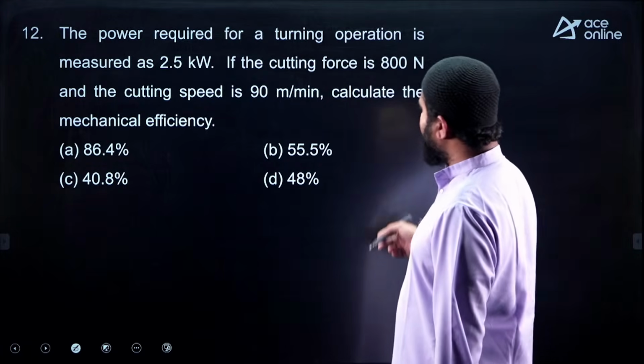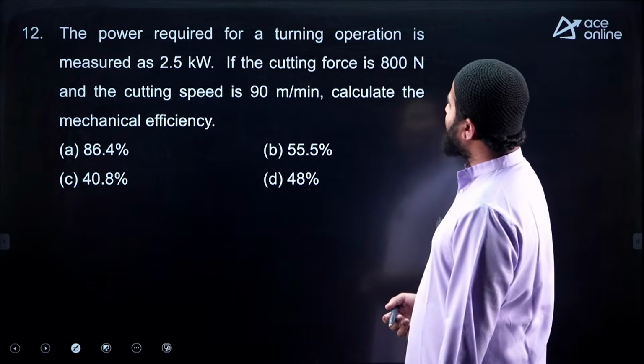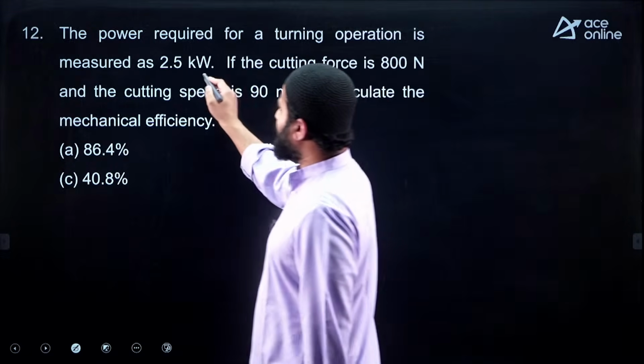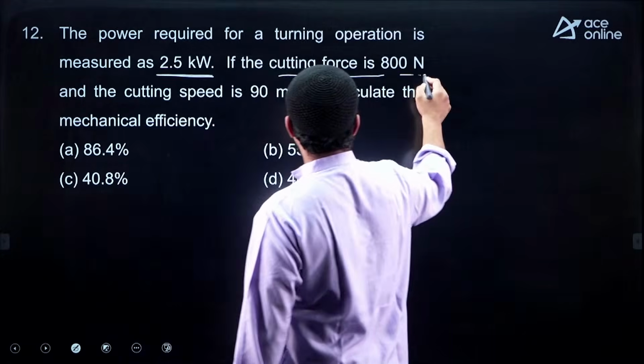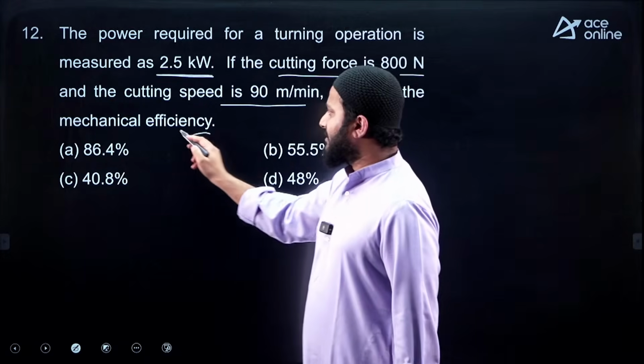Let us start production related questions. In this question, they said the power required for turning operation is measured as 2.5 kilowatt. If the cutting force is 800 Newton and the cutting speed is 90 meter per minute, calculate the mechanical efficiency.